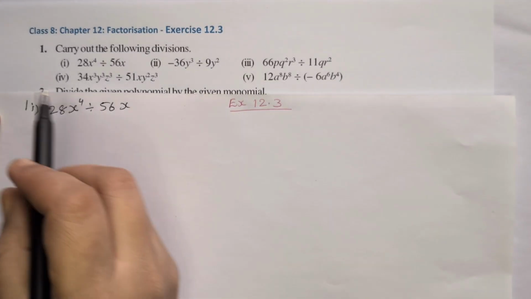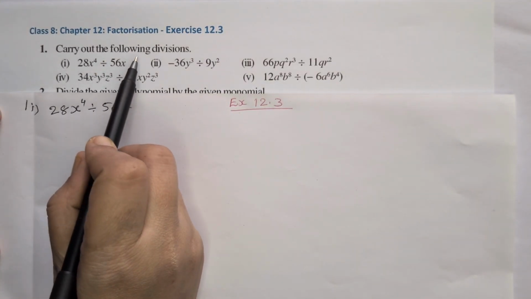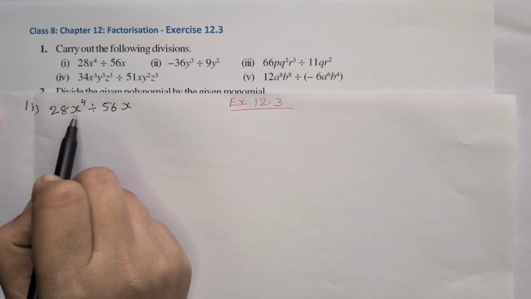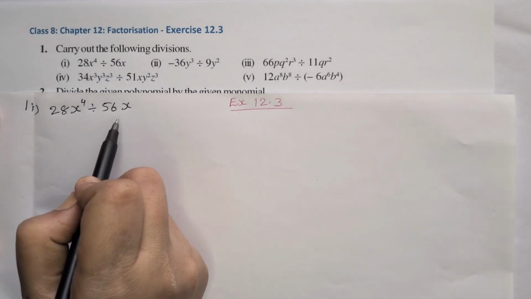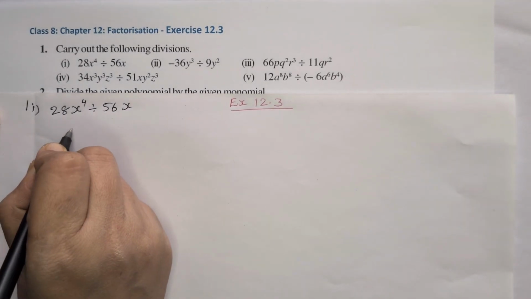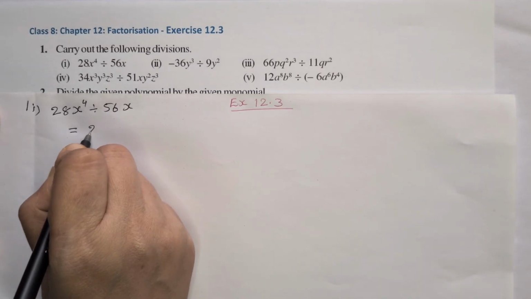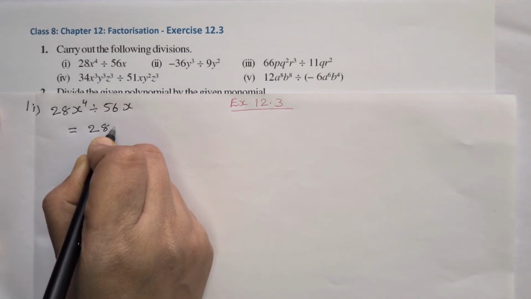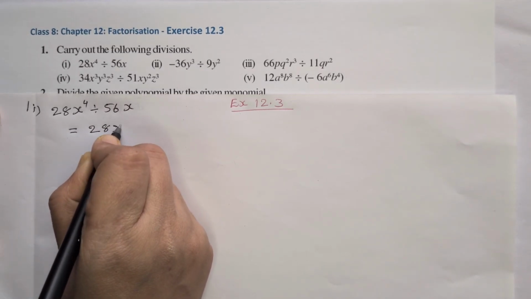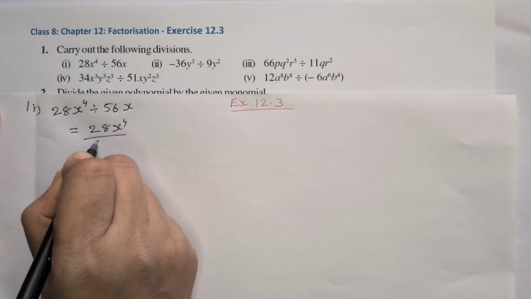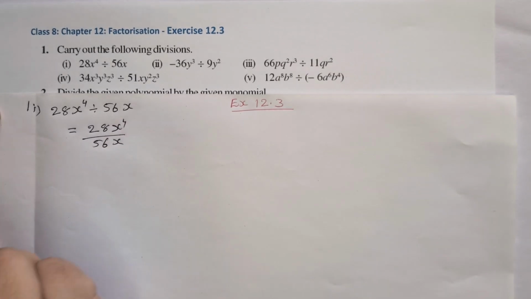Exercise 12.3. First question. Carry out the following divisions. 28x raised to 4 divided by 56x. Here it is division, so we can write this as the numerator 28 and x raised to 4 divided by 56x.